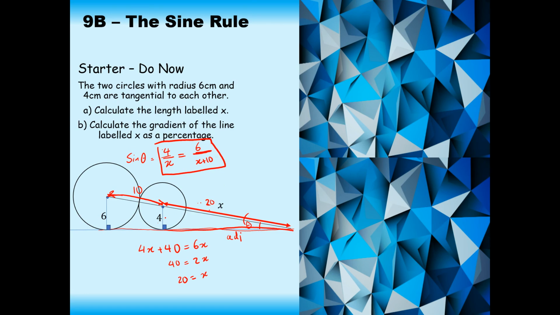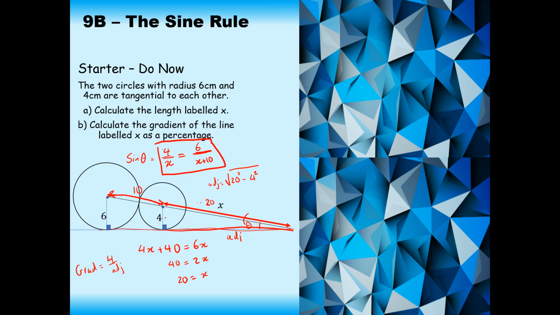You can just use Pythagoras. So 20 squared minus 4 squared, square rooted, will give me the adjacent side of the triangle. And why am I looking for the adjacent side? Because gradient, if you remember from earlier chapters, is rise over run, which is the adjacent side. So 4 divided by the adjacent would be the gradient.